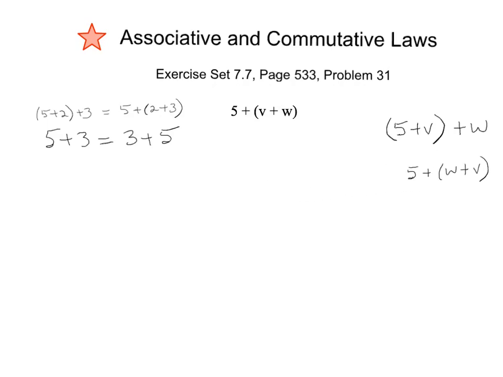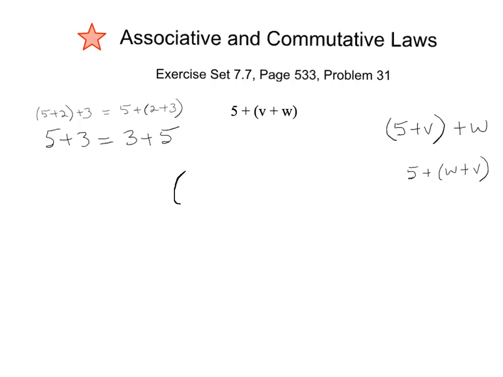Now, we can also think about the bracket, V plus W, that whole bracket, like a term, an object, a piece of the expression. And so we could change the order in which the 5 and the bracket appear and change the expression to be the bracket plus 5.